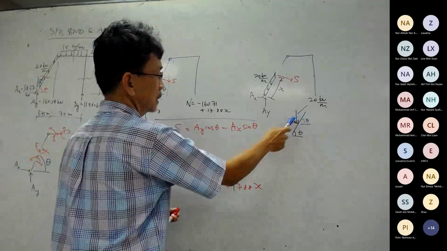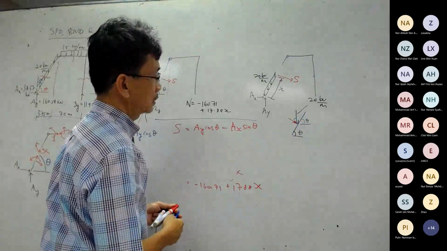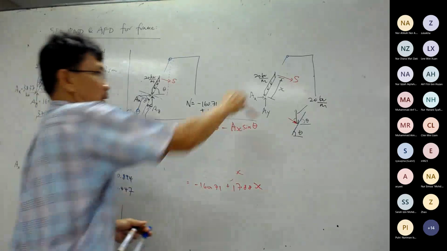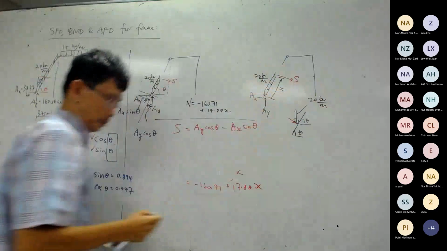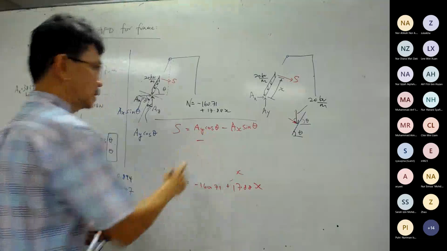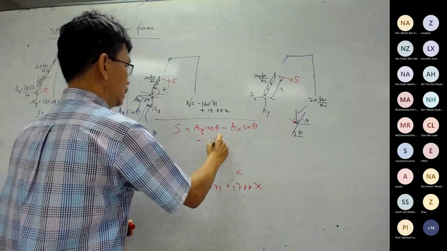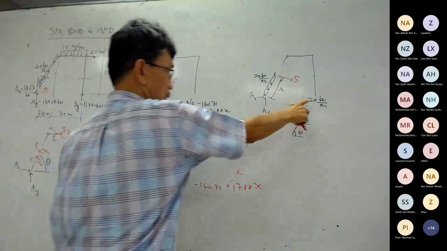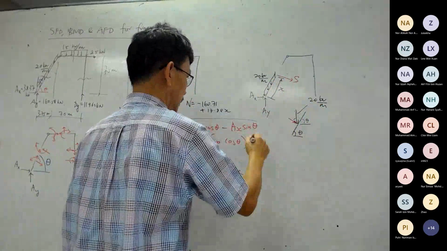This is theta, this theta, this is theta. So 20 cos theta. And the direction is like this, same direction as the positive shear force. So minus 20 cos theta. This is in kilonewton per meter multiplied with x.